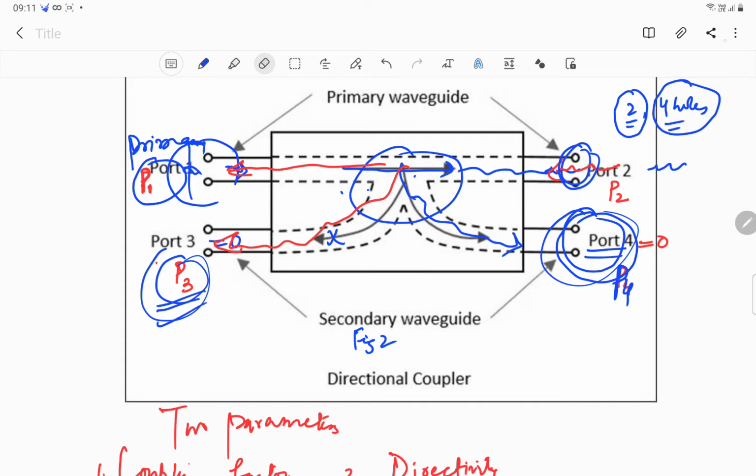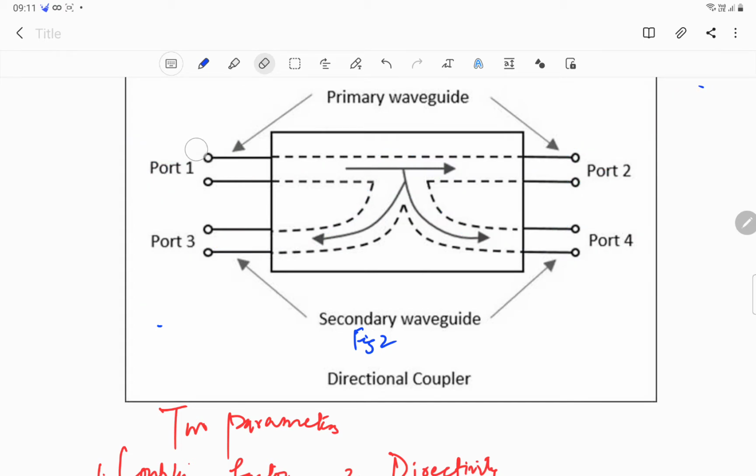This means, for a 3 dB coupler, P4 is half of P1.